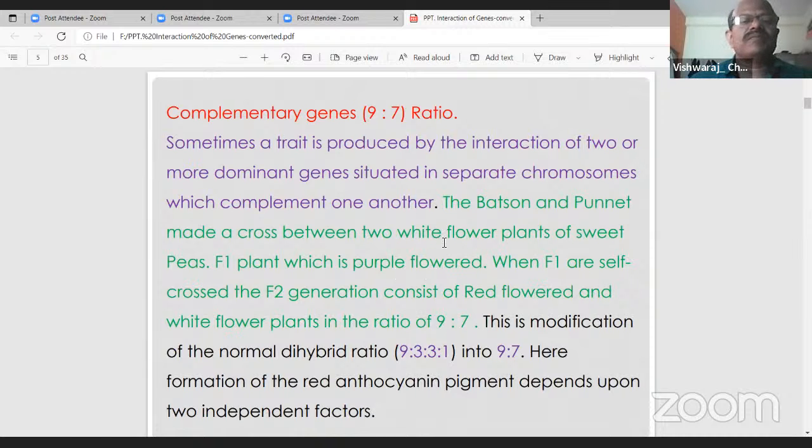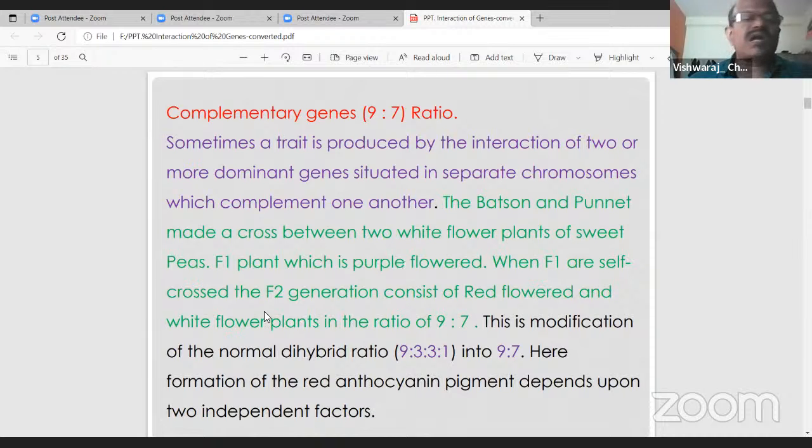Bateson and Punnett crossed two white flowers: the male flowers are white and the female flowers are also white. But in the F1, purple-flowered plants occur.